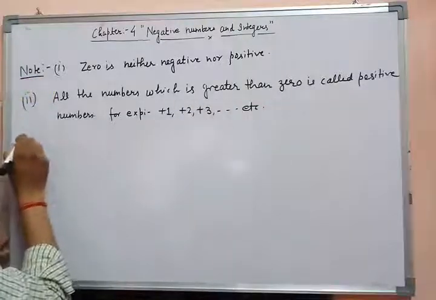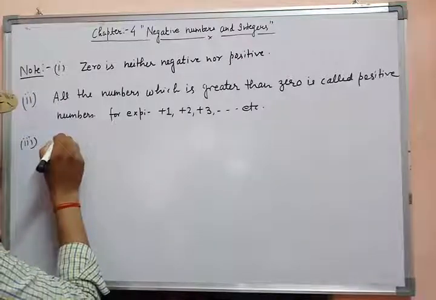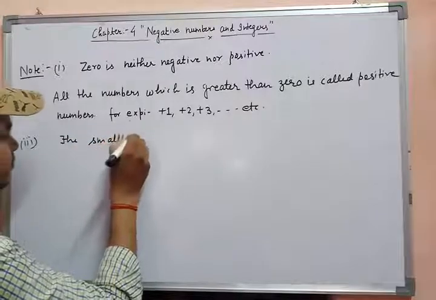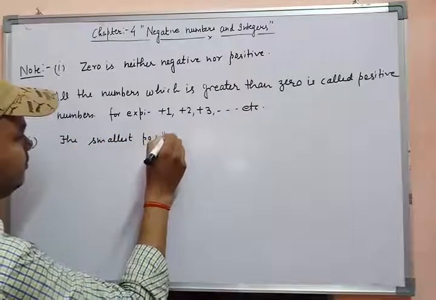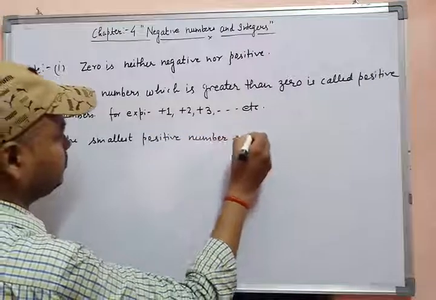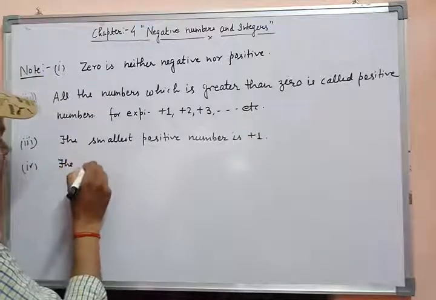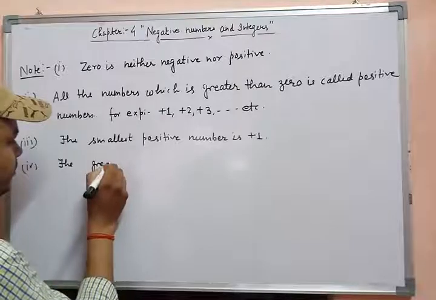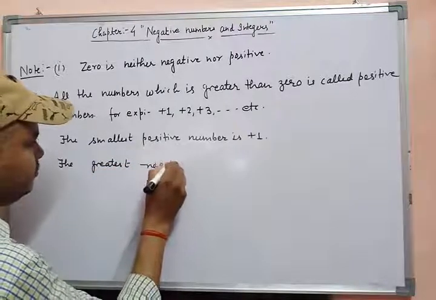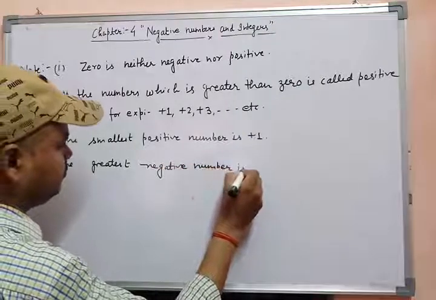Now the third important line is, the smallest positive number is plus 1. In the same way, the greatest negative number is minus 1.